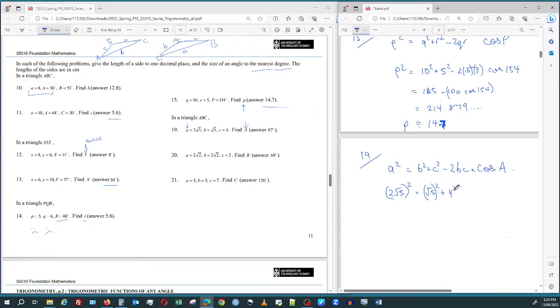Put your squares in. 2 lots of B, root 5. Put them in a bracket. C, 4. Cos A. Now it's clear that cos A. Now we can't just do anything yet because we've got to undress this as a product here, right? So algebraically we have to deal with the numbers.